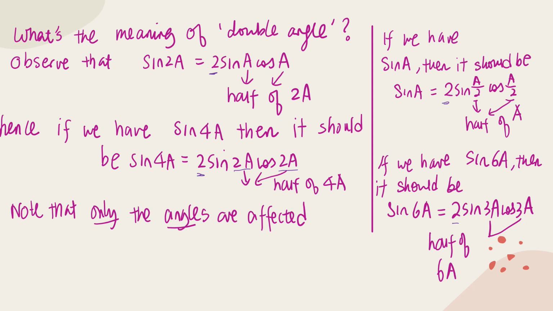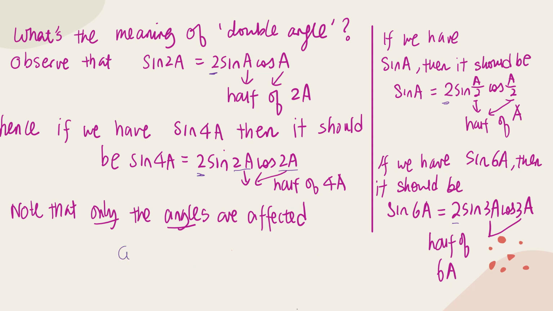So let's do another example. Supposing I have sine 4A, we have already done sine 4A. Let's do another one. Let's say we have some huge number, sine 100A, so that will give you 2 sine, half of 100 will be 50, so 2 sine 50A followed by cos 50A. So let's say if you have cosine 4A, then what would that be?